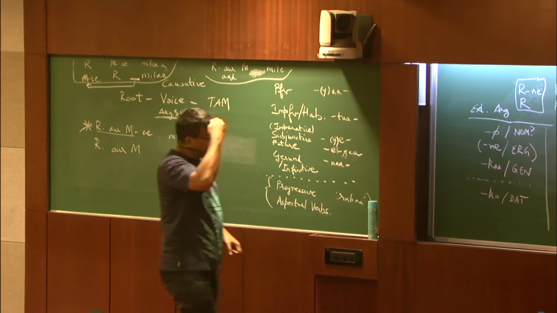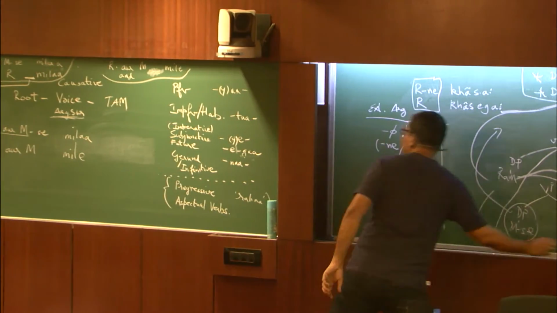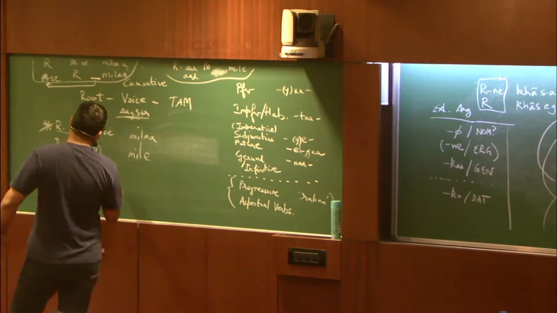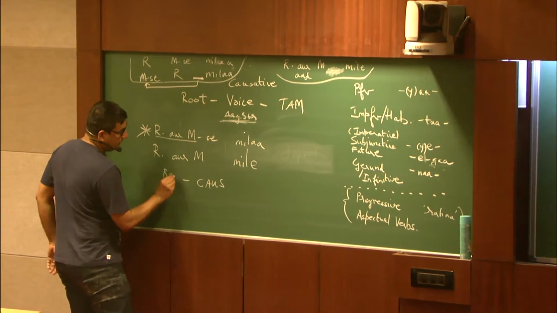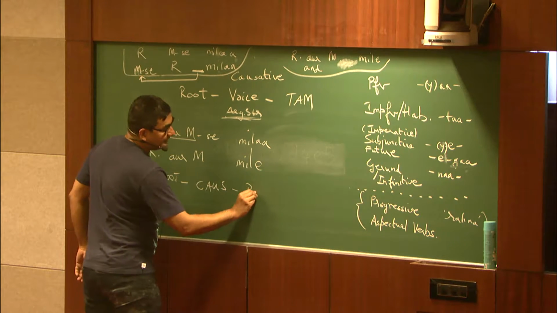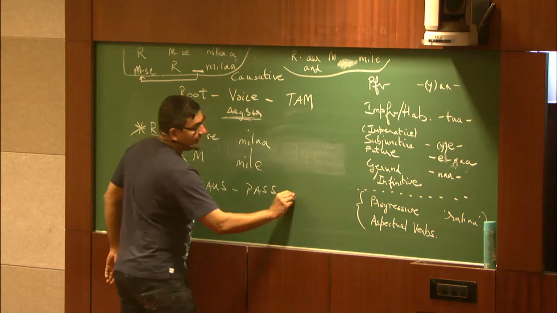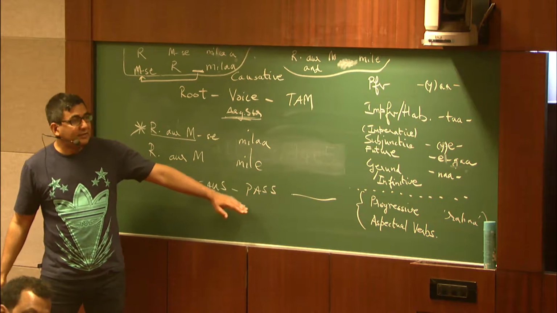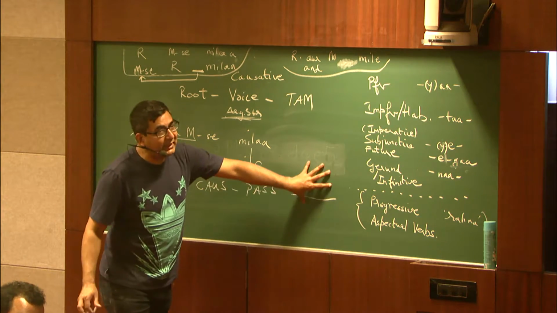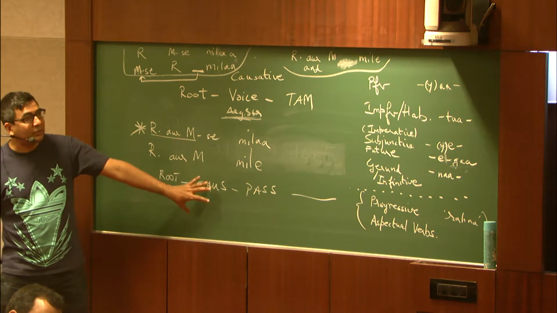But at least in Hindi, it looks like the ordering seems to be root, causative, passive, and then other stuff. Okay, so passive is not in the higher domain, but it's higher than the causative.